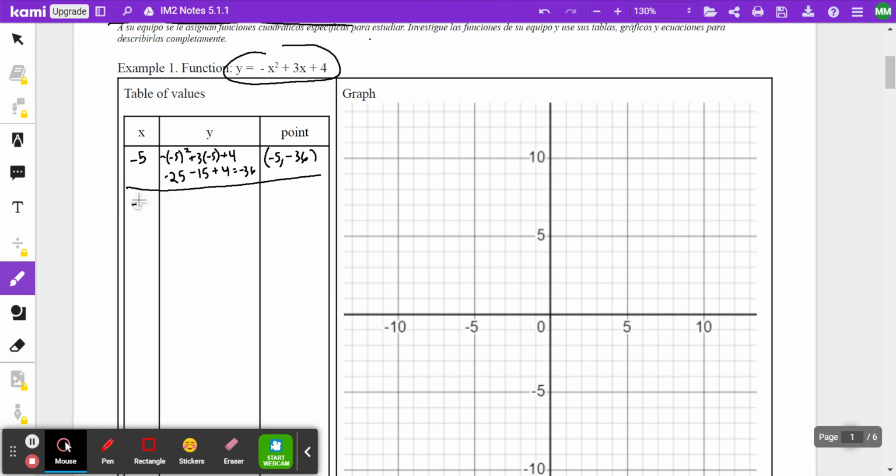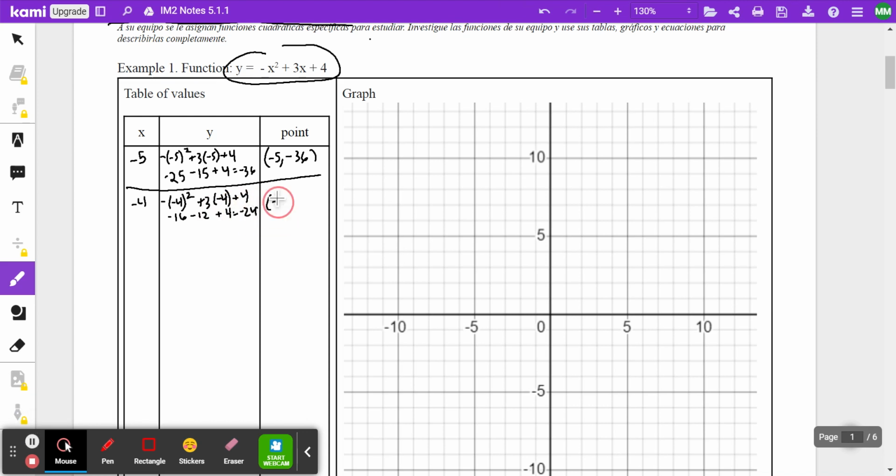The next point, I'll do -4. That's negative of -4 squared plus 3 times -4 plus 4. So that's -16 minus 12 plus 4, which is -24.